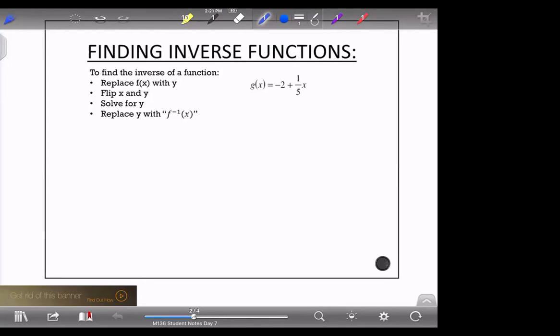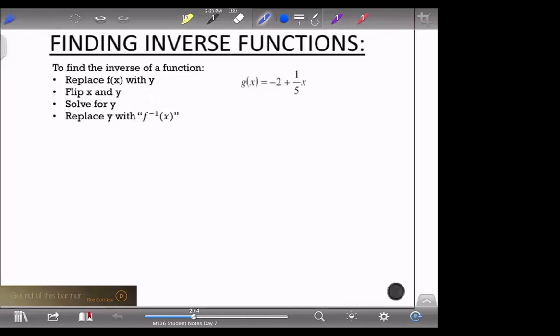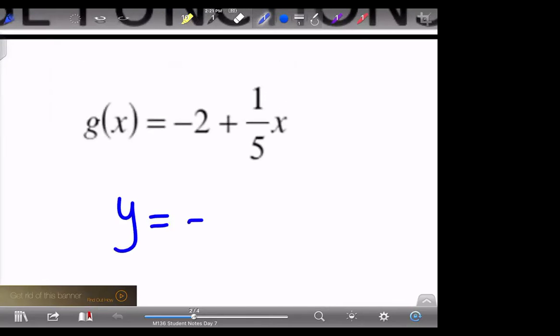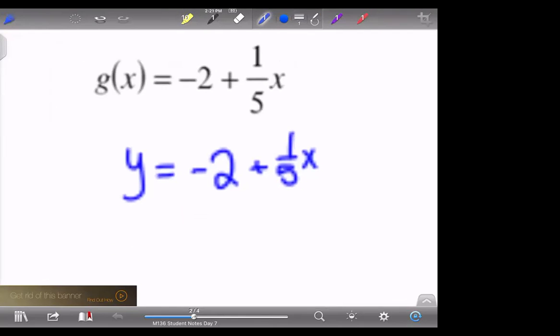So first step, we're going to take g of x out this time, and we're going to replace it with y. So y equals -2 plus 1/5 x. Step number 2, we're going to invert or switch our x's and our y's.